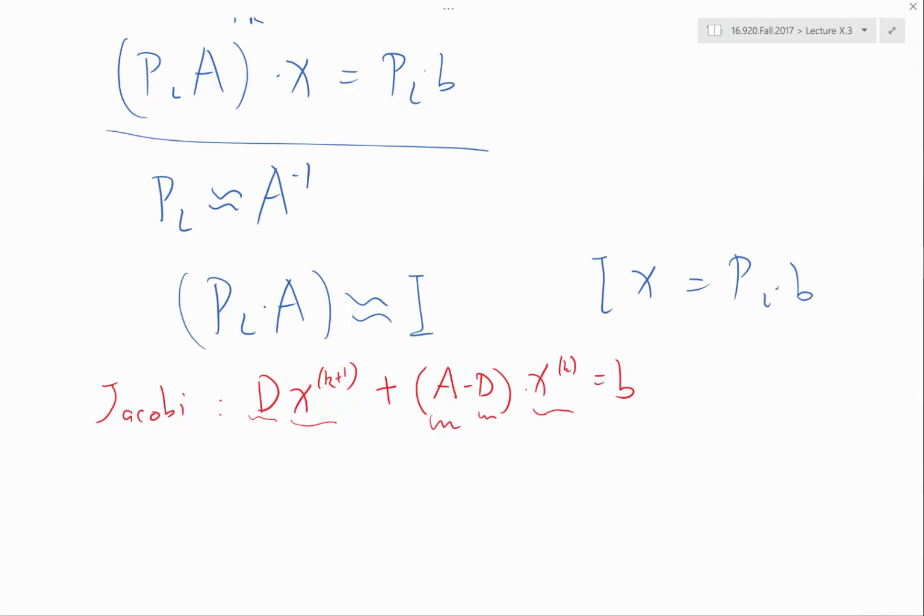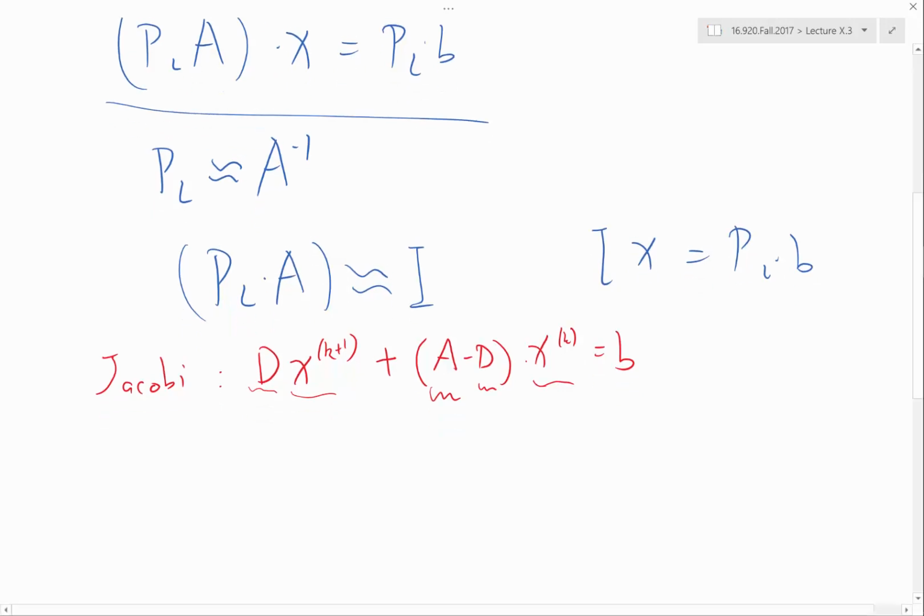This kind of iteration method, that's true for Jacobi, true for Gauss-Seidel, true for any Krylov subspace method. So if you have an iteration method like that, we just need to apply this PL times A to a vector. So PL A times xk, for example, is equal to PL times A times xk.